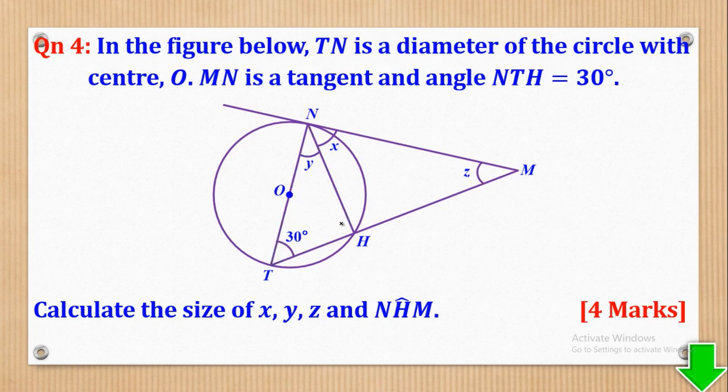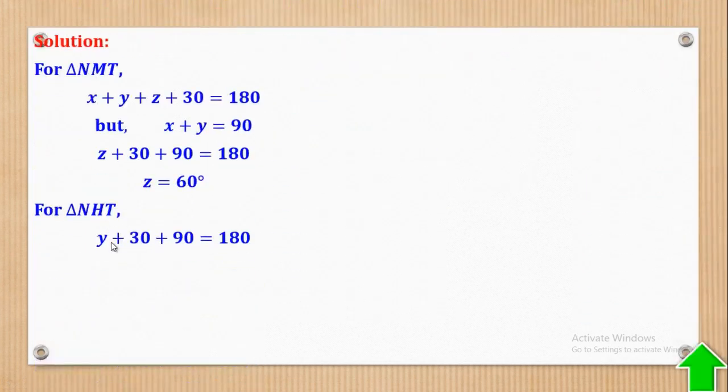It means that this angle is 90. And this we already know is 30, and this is y. Therefore, when I add all these three, I'll come up with 180 degrees. So I'll say that y is equal to 60 degrees.